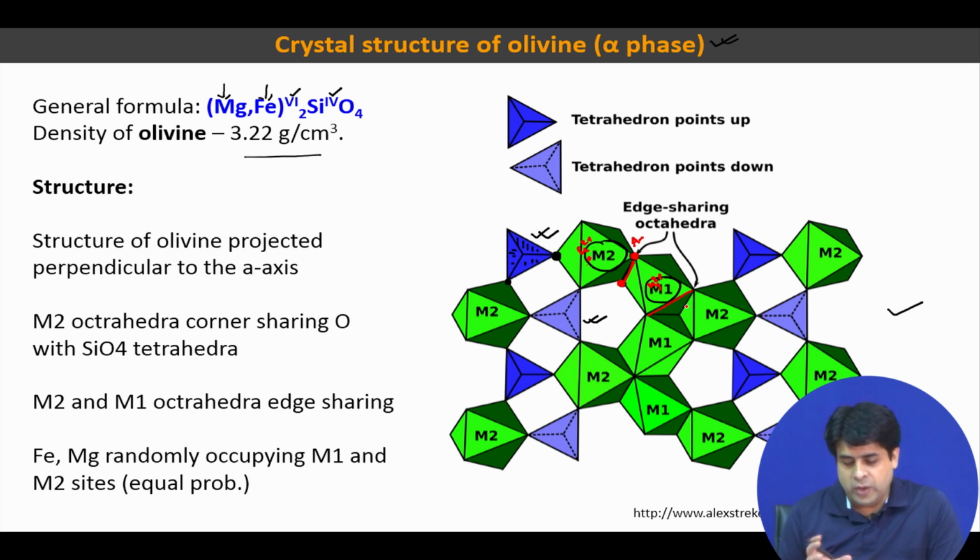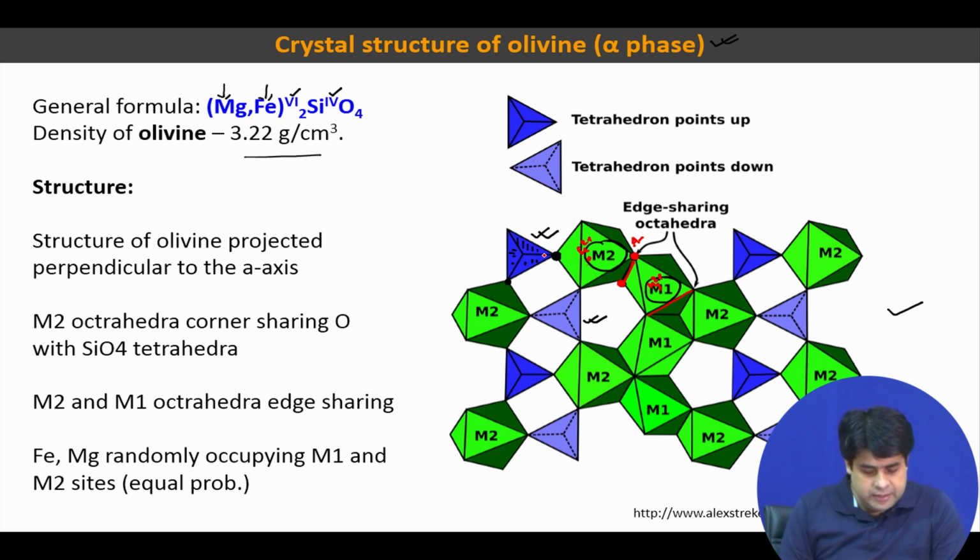So this M1 side is joined by two different edges, and because of that its octahedron is distorted compared to your larger M2 side. So this is about the structure of the olivine.